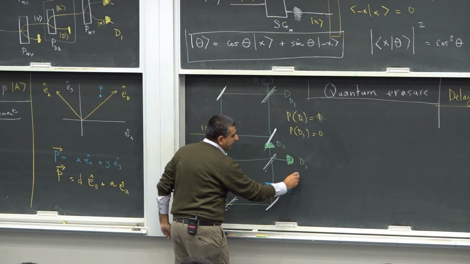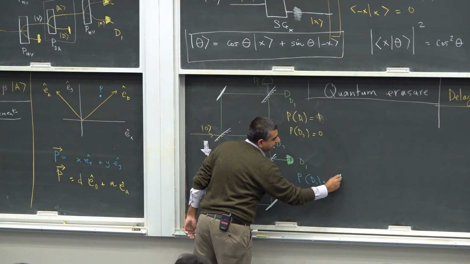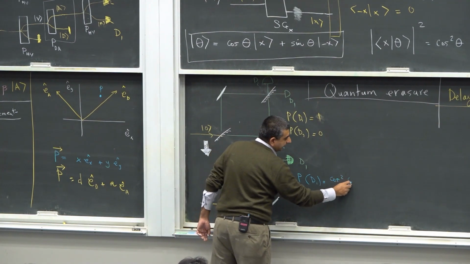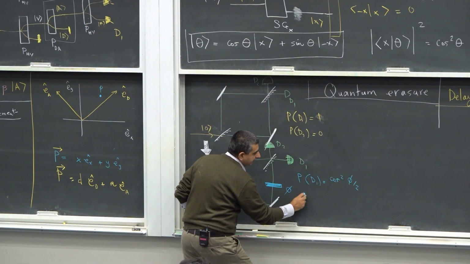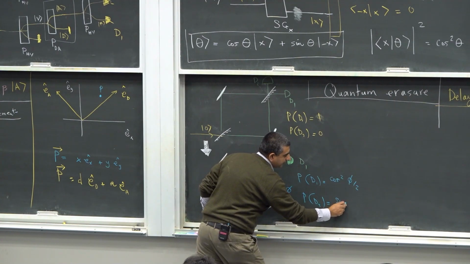So this probability PD1 is, for example, given by cosine square phi by 2, and probability D2 is given by sine square phi by 2.